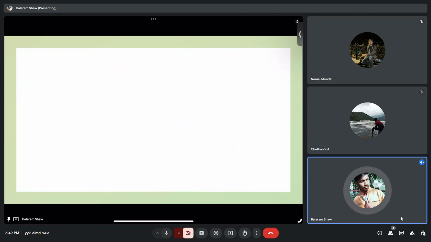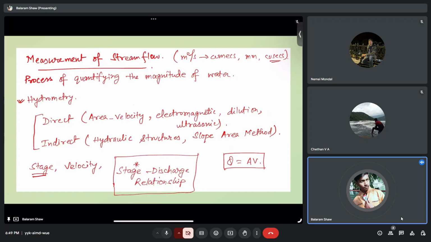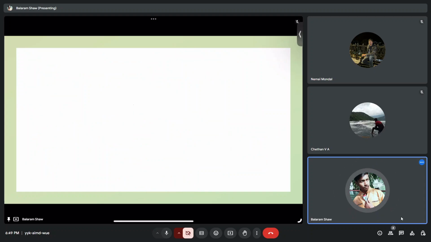So what I said, that we mostly measure stage or velocity, and then we go to the discharge. There are different methods in which we do the stage measurement. So how are we measuring the height from the Earth's surface? There are different methods, like manual techniques or manual gauges, as we have seen in the precipitation measurement also.